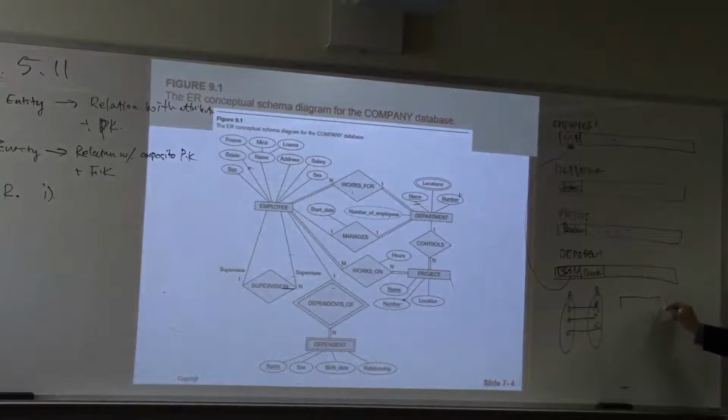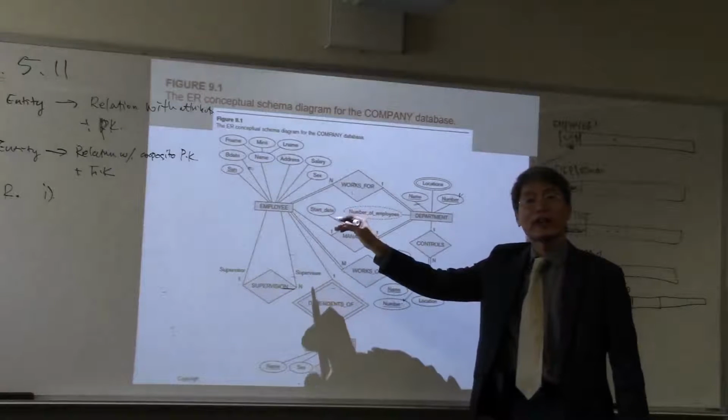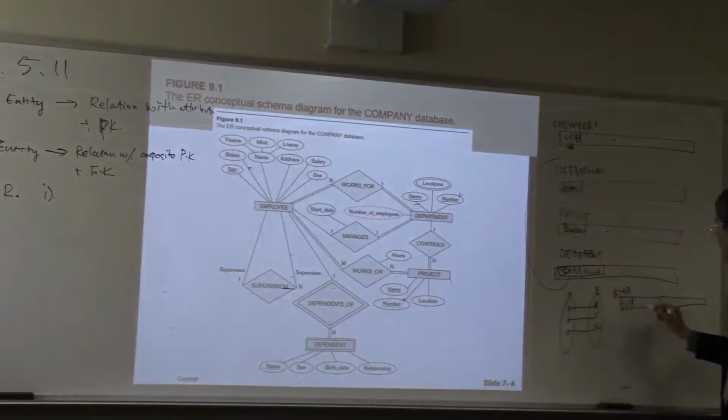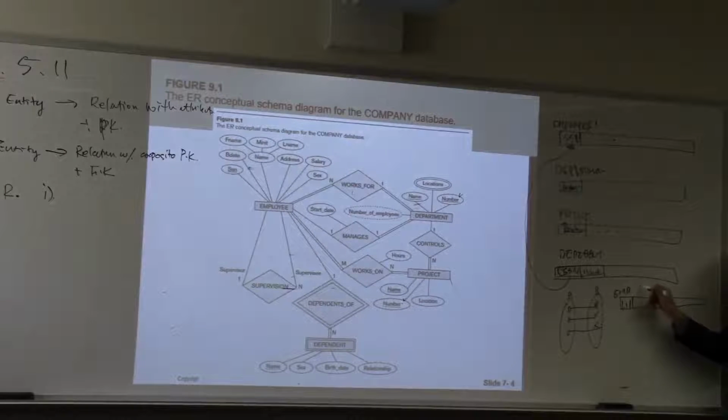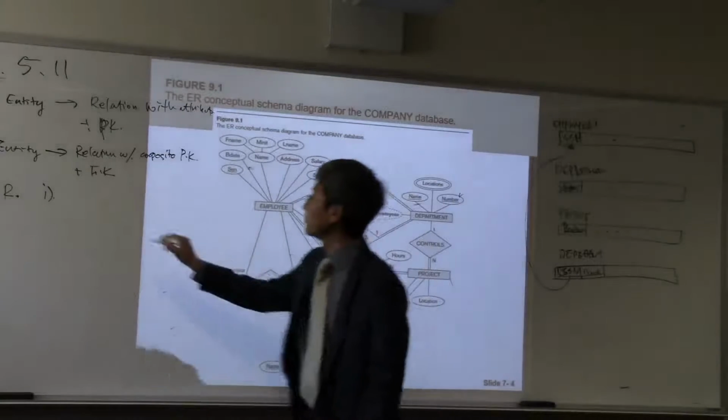For example, if we have the EMP and department, using manager SSN, where the manager SSN is 111, we can combine EMP into the DPT table. That is the one option. So merge.